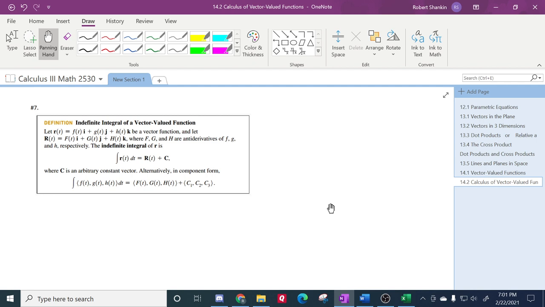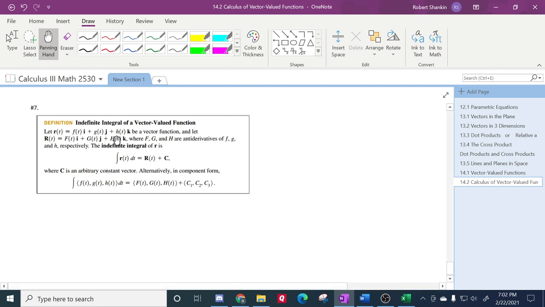So if r of t has three component functions, f, g, and h, and let cap F, cap G, and cap H be antiderivatives of these, then the indefinite integral is basically saying you take integrals one function at a time, just like you take the derivatives one function at a time.